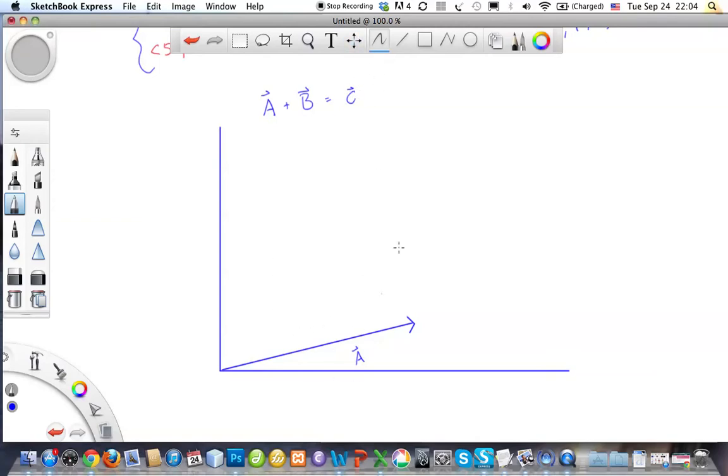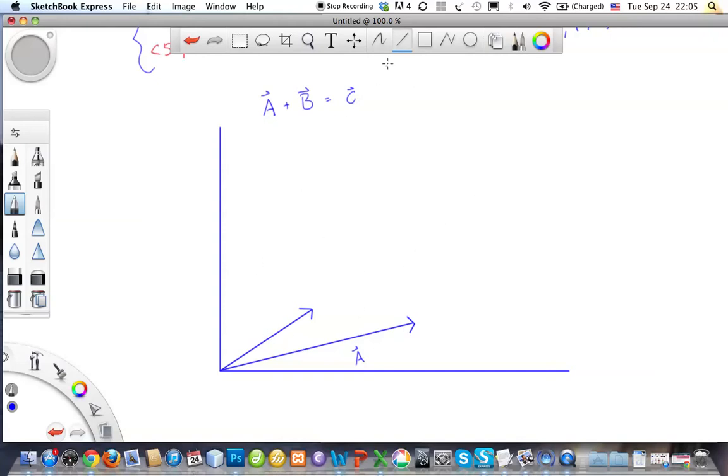I'm not going to give any coordinates for this, but I will show you that when you add them together, they give you a resultant vector with respect to a triangle.